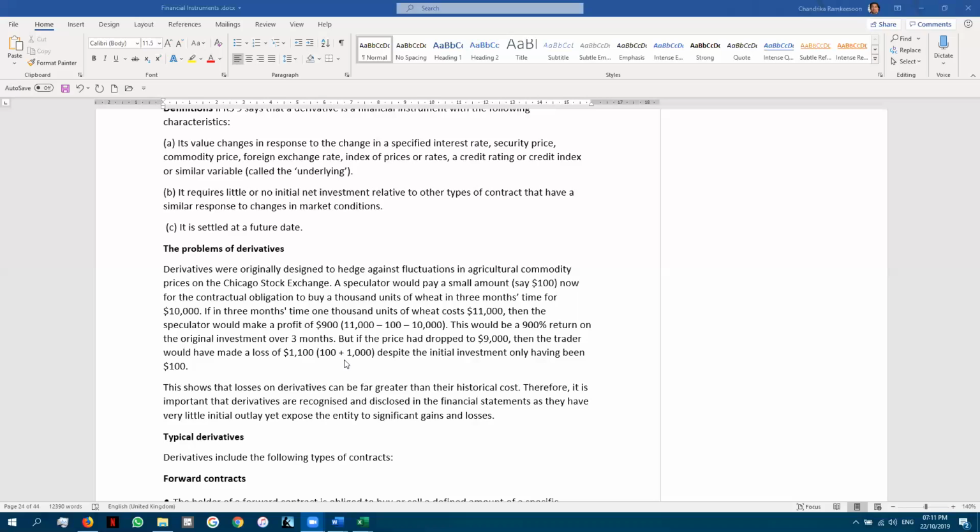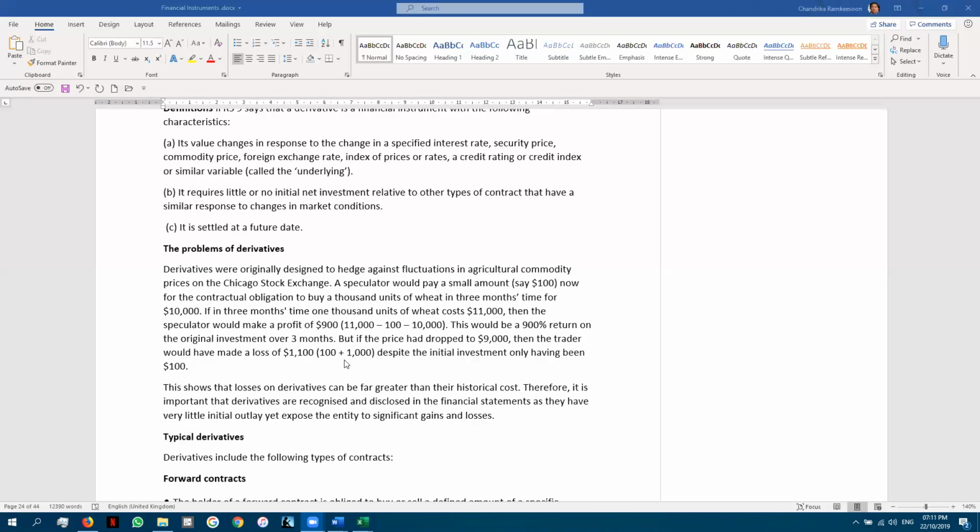The speculator would normally have paid $11,000. This would be a 900% return on the original investment in 3 months. But if the price had dropped to $9,000, the trader would have made a loss of $1,100, despite the initial investment only being $100, because it works in reverse as well.